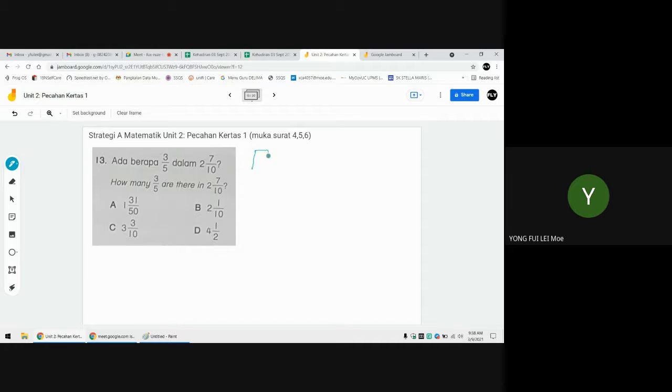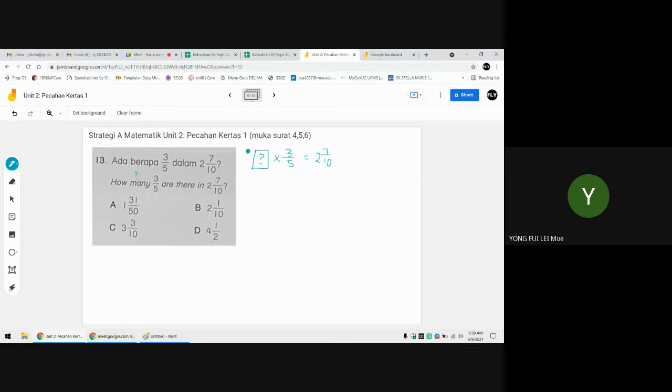How many times 3 over 5 equals 2, 7 over 10. These are the mathematical sentence for this actually. How many 3 over 5 are there in 2, 7 over 10? These are the mathematical sentence.